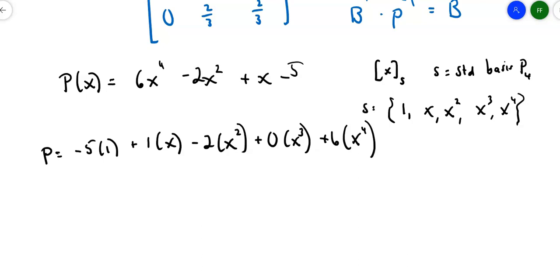So the coordinate matrix for p relative to the standard basis is going to be -5, 1, -2, 0, 6, in that order because I'm going in the order of my basis. I'm also going to include that 0 because there's no coefficient for the x to the 3rd. If I don't do that, I'm going to end up with my vector in a different space than the standard basis. All right? And that's it for this section.